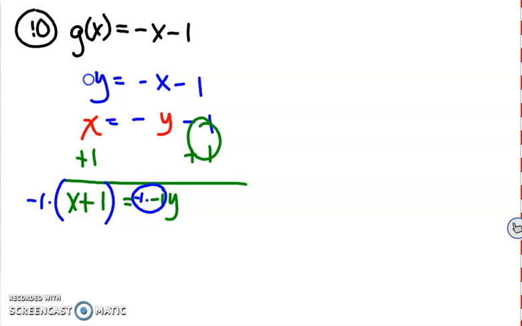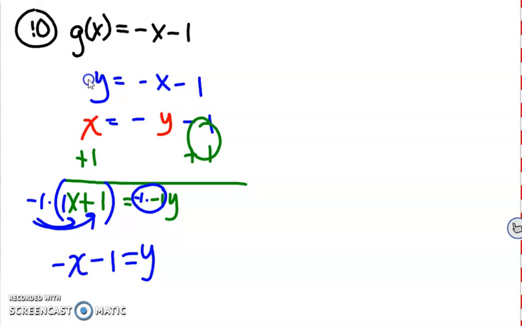So this creates a value of 1y, which is what I'm always trying to do, is find the value of 1y. And then when I multiply by negative 1, the sign on the x becomes a negative 1, where it's originally a positive 1. And then the 1 itself, under addition plus 1, you multiply by negative 1, it makes it a negative 1. So the final answer is y is equal to negative x minus 1.